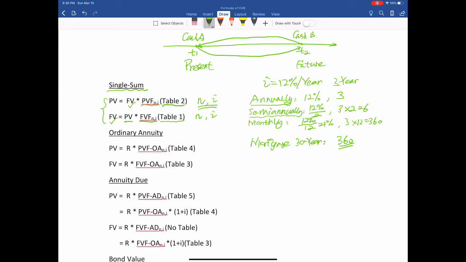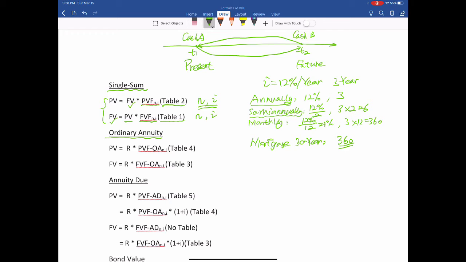Okay, so another is annuity. Annuity is a set of cash flows. It is very popular, like senior people when they receive Social Security or their pension, they receive the cash every month, receive their paycheck every month, right? So it's not a single cash flow, it is a set of cash flows.